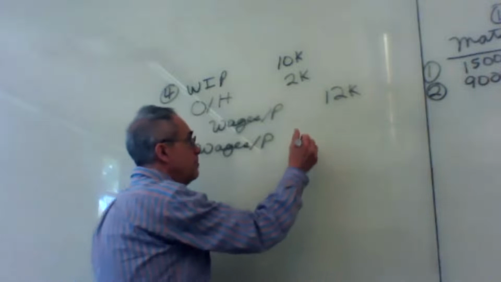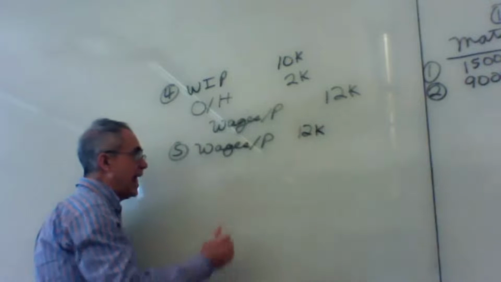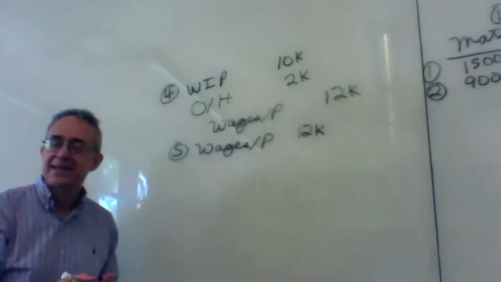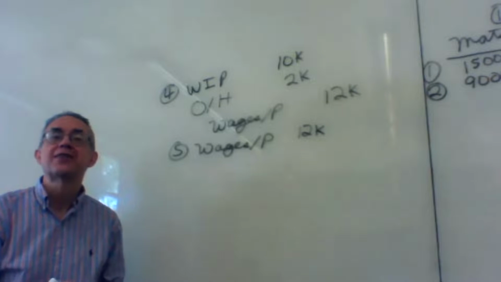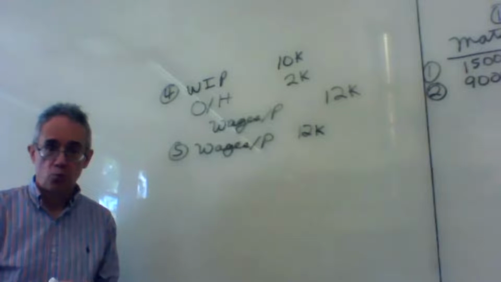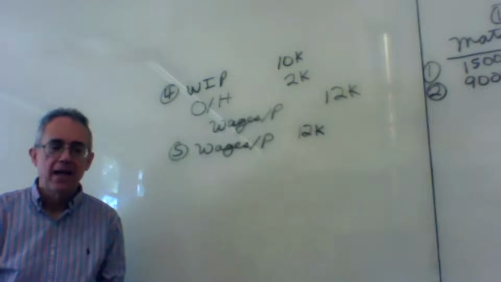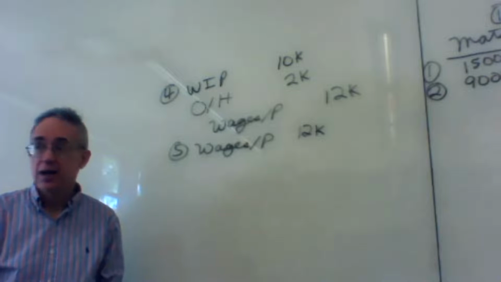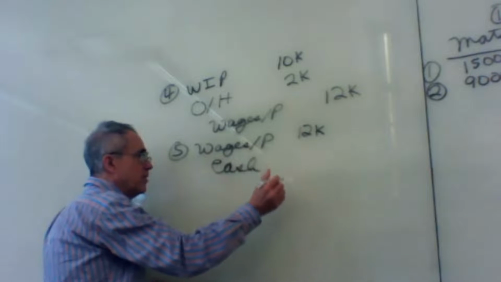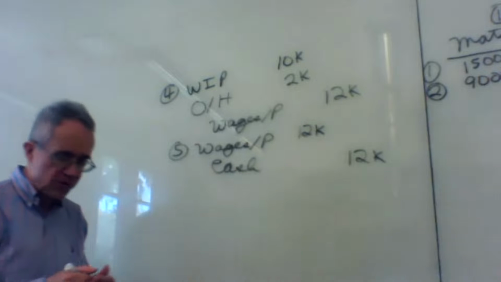So debit wages payable, 12,000. And for the offsetting 12,000, what do our workers want? Which account? Cash. If we pay them, what do we do to our cash balance? Credit. And if we credit cash, there's our offset. So good, we paid our workers off.